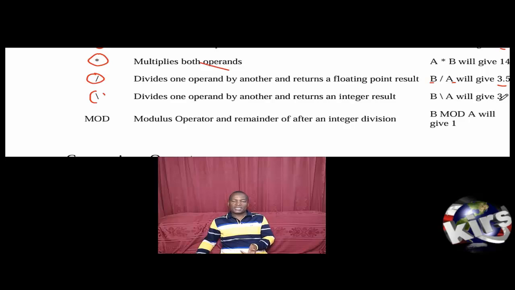It disregards the remainder. Then we have the last one here, which is the modulus operator, and it will output the remainder of the result. When we have 7 divided by 2, the result is 3 remainder 1, but it will just output the remainder, which is 1.